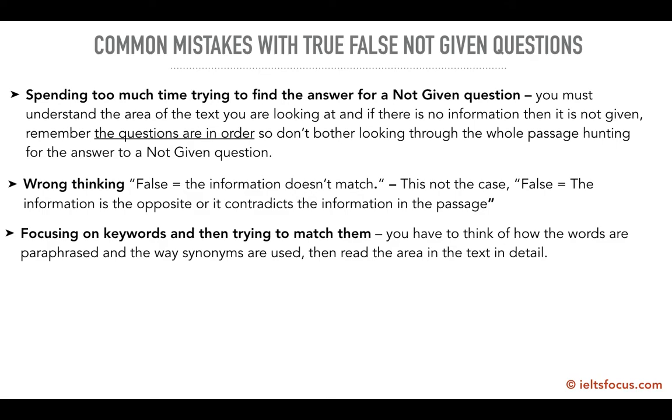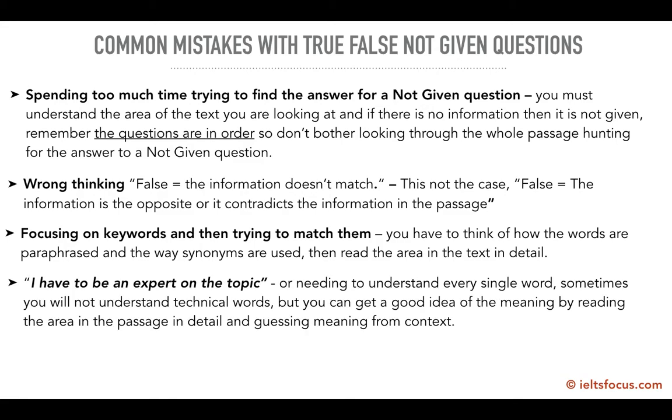As mentioned before, you've got to think about the way words are paraphrased and the way synonyms are used, and then read the area in the text in detail. That's why reading in detail is very important. But you shouldn't read the whole text in detail because you just don't have the time. You're just going to read in detail in the specific area of the text where you think the answer could be.